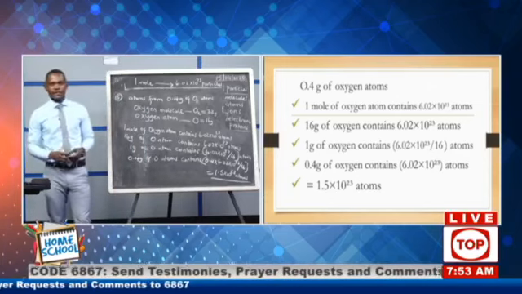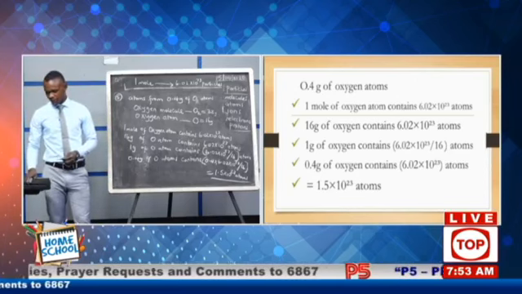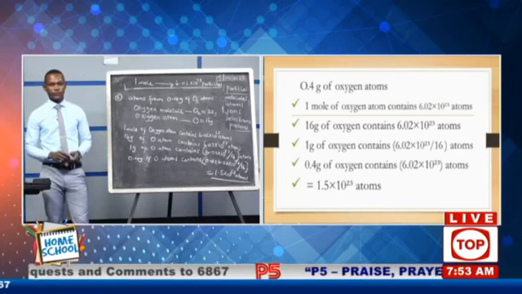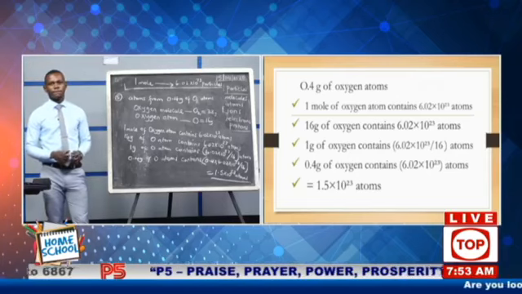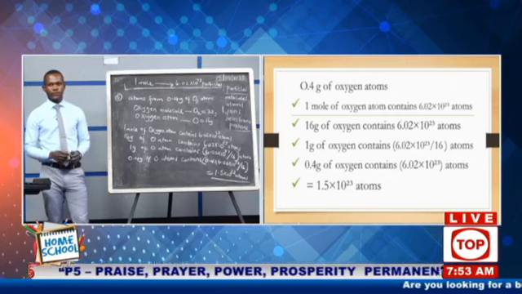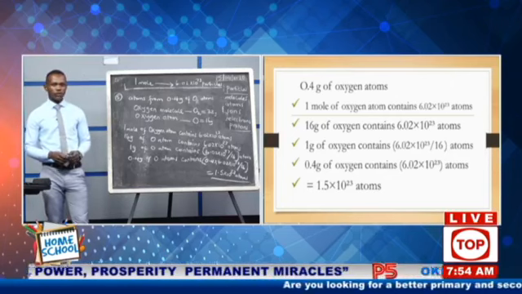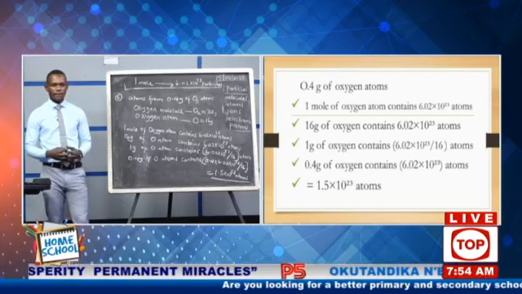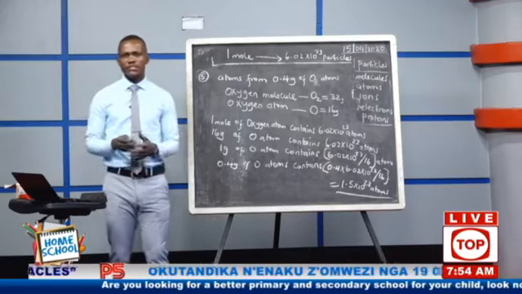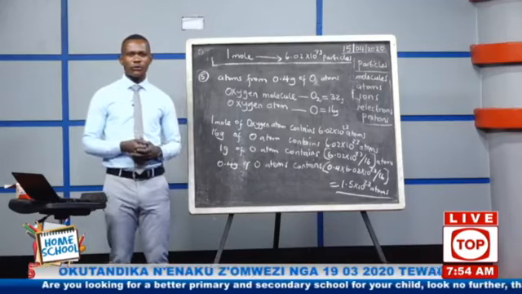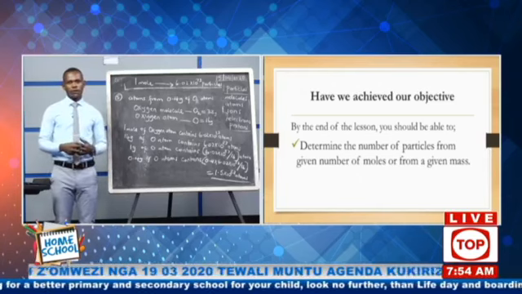Please play for me slide 25. Slide 25 on a full screen. We want to look at our objective. Our objective was we should be able to determine the number of particles.